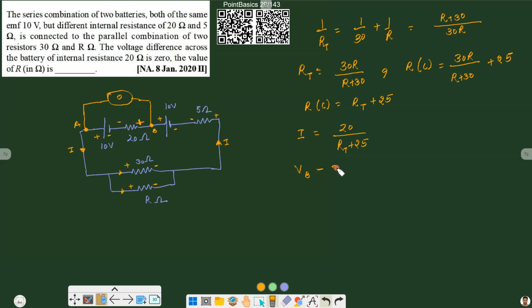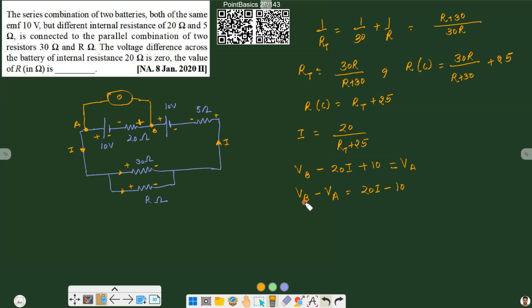So negative 20 into its current, because I is the current flowing through this 20 ohm. So minus 20I. Now for the battery, we first encounter negative, then encounter positive, so we will take positive 10, which should be equal to VA, as we have now reached point A. From this we can write VB minus VA equals 20I minus 10.